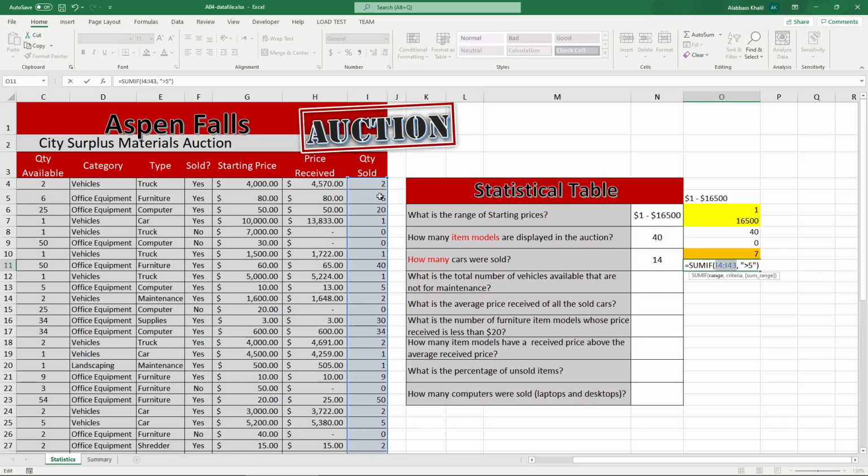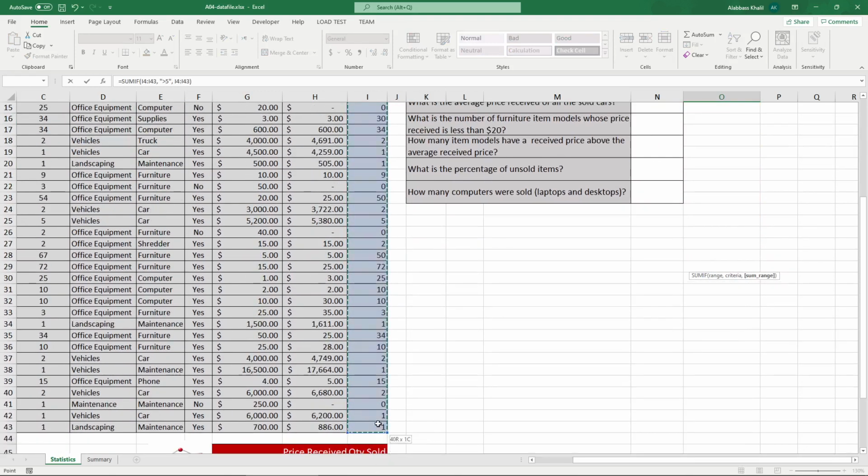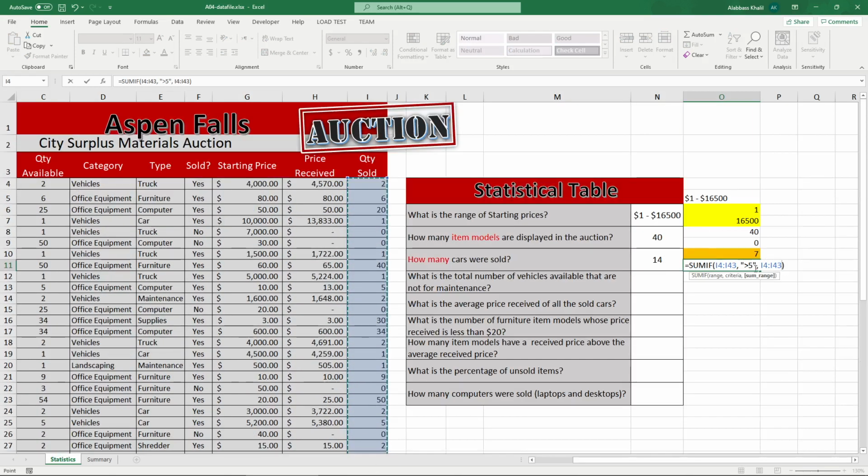Basically, I'm only gonna sum how many items were sold if at least 6 were sold, since I'm saying strictly greater than 5. So this would be an example where I don't really need to add the sum range again because it happens to be the same range. Okay, but in this case, with what they're asking, there are 2 different ranges.